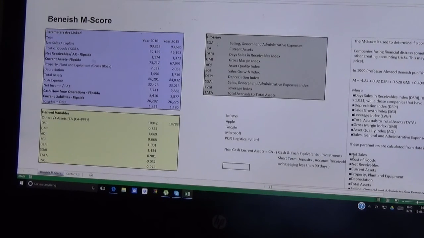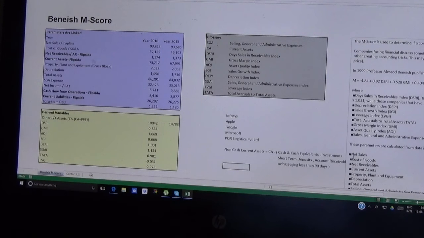Third flip side is cash flow from operations. Why is cash flow from operations the third flip side? Because one thing we need to understand is that cash flow from operations will vary from accounting standard to accounting standard. So what I mean to say is, suppose you have Ind AS, you have US GAAP, you have IFRS, you have Indian GAAP, maybe AS 3 and others.